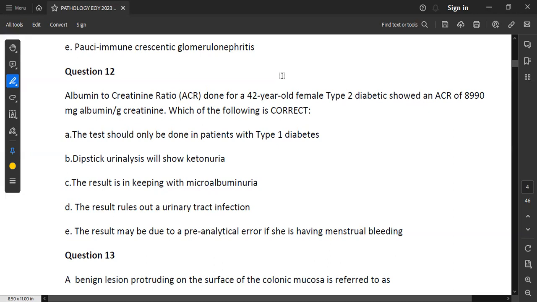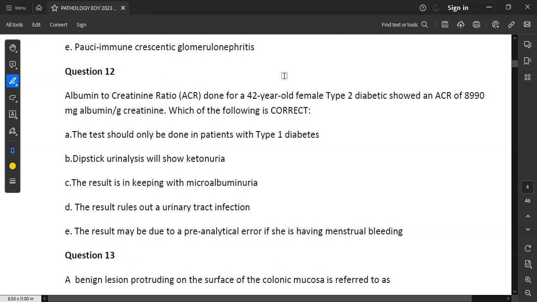And there are other non-related causes, causes that are unrelated to kidney function, like acute hyperglycemia, UTIs, marked hypertension, congestive heart failure, and menses. Menses can give a false positive. So let's go back to our question.